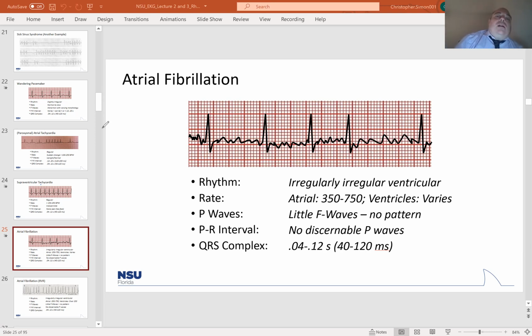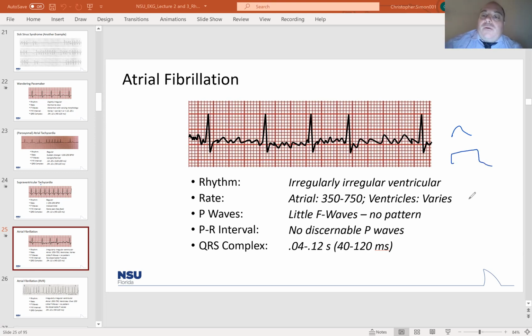So what happens when you get electrical impulses, like automaticity, that come from different places within the same area? They look different, right? If you have a P wave that comes from this part of the atria, it might look like that. If you have a P wave that comes from a different part of the atria, it might look like that.